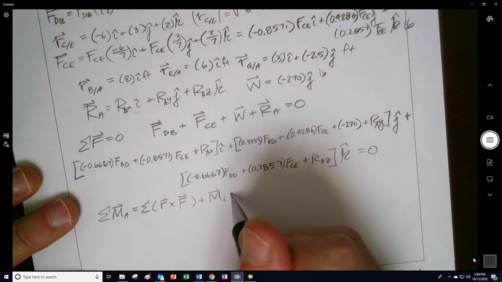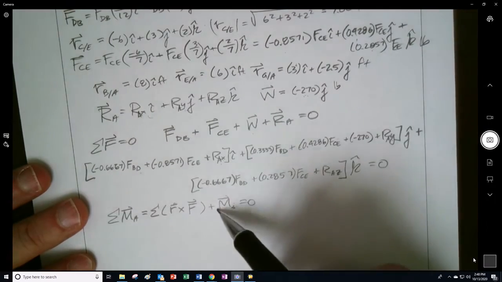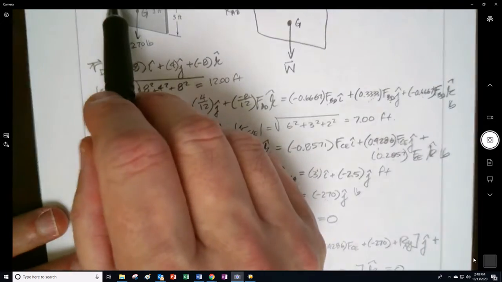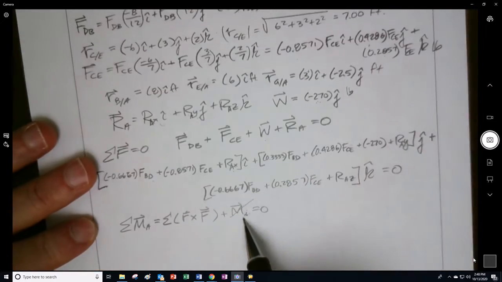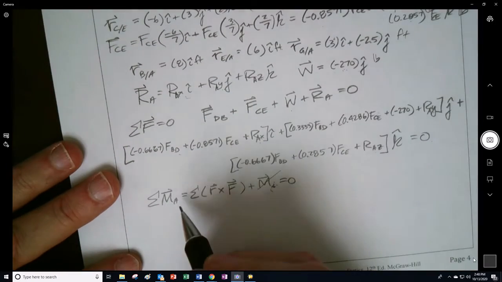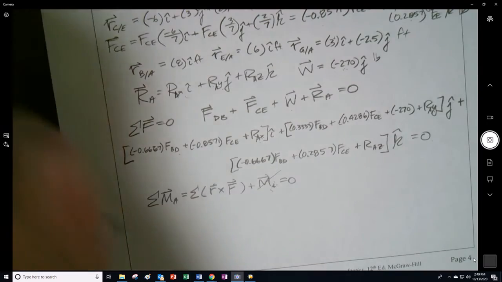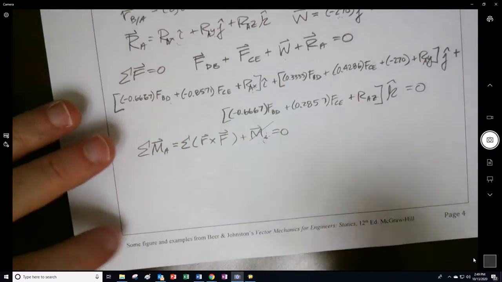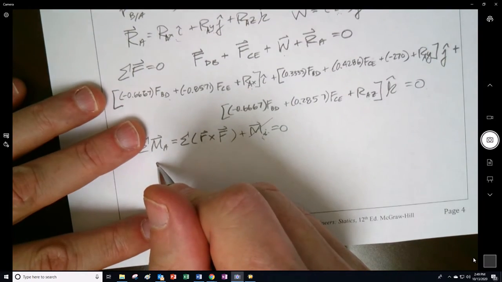Now in this case, there's no moment on this point right here, so these are going to be 0. That's just because of the nature of this joint right here. It doesn't support a moment, so there's no reaction moments in there. And so I'm going to have to go to another piece of paper pretty soon because this is long. But let's write this thing out first.